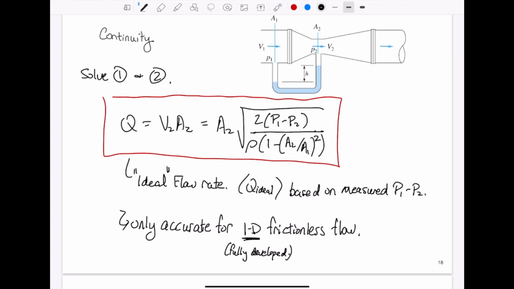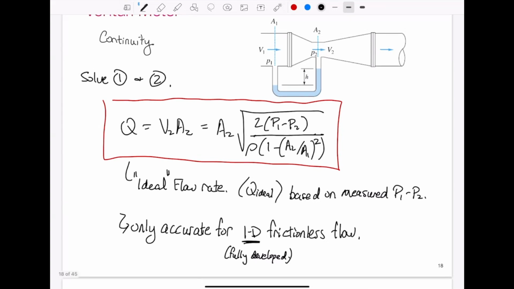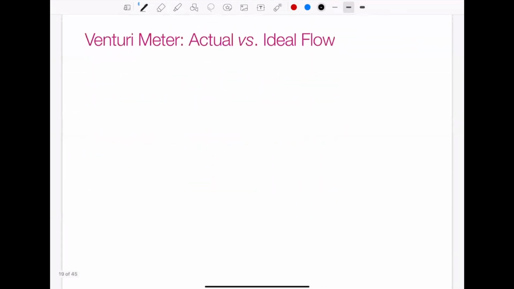So if this is our ideal flow rate, and we have a real system that is not perfectly frictionless and maybe not perfectly one-dimensional because it is a flow developing as we move through the Venturi meter, we need to introduce some sort of correction. So how do we compare our actual flow versus our ideal flow? For the same pressure difference, we have an actual flow rate, which we'll call Q actual.